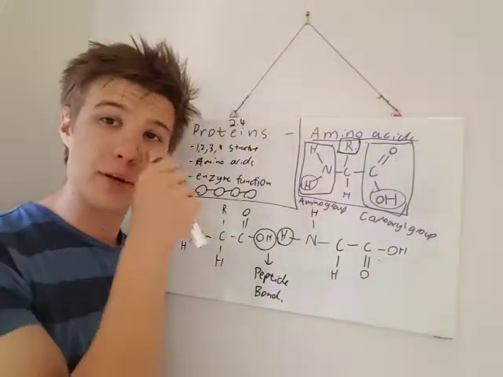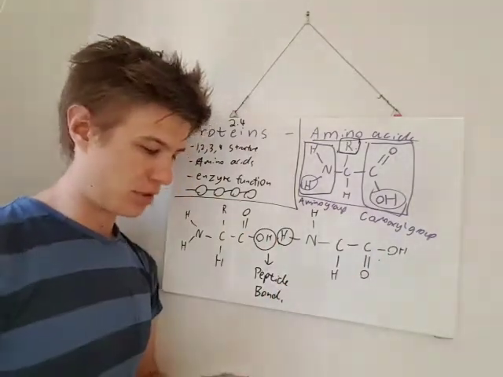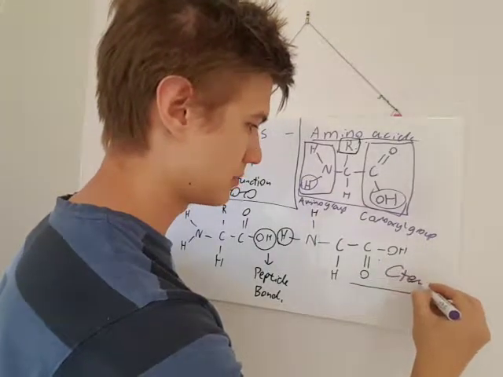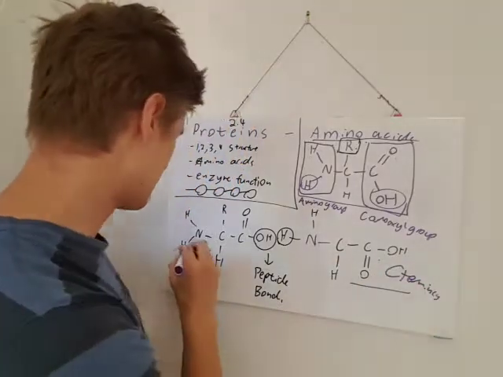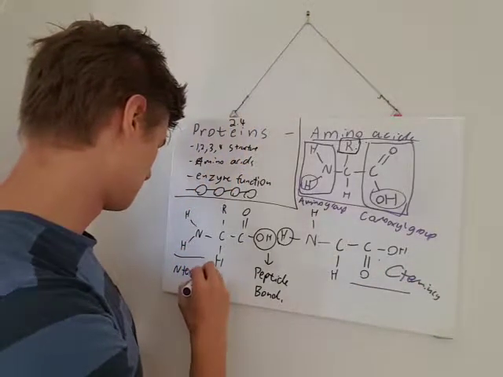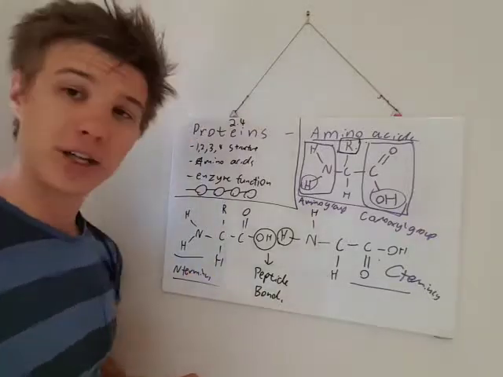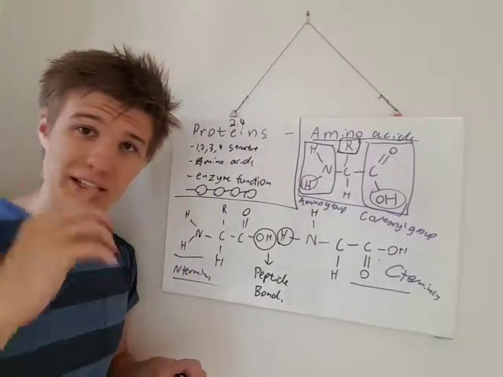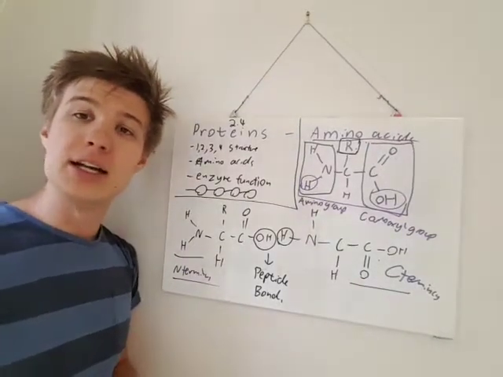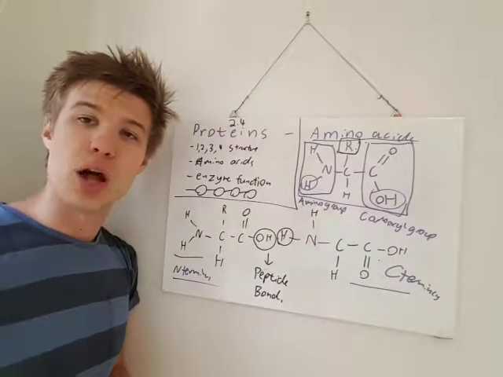Now this is a 2 amino acid chain, but the important thing to note is we have a C terminus and an N terminus. And that directionality is very important because the way in which our proteins are created is unidirectional within the ribosome.